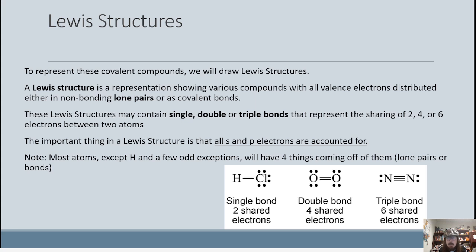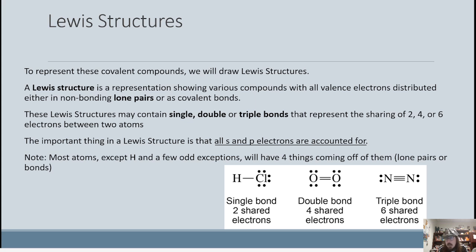Hydrogen shares 1 electron with chlorine's 7 electrons. So hydrogen, because it has those 2 in the bond, gets its 2. Chlorine has 7, but it's sharing 1 with hydrogen, so it gets 8. As we see, there's 3 lone pairs and 1 single bond to give it 8.